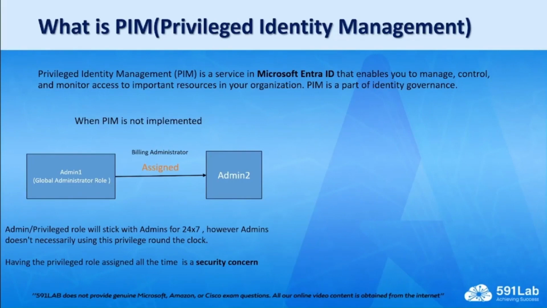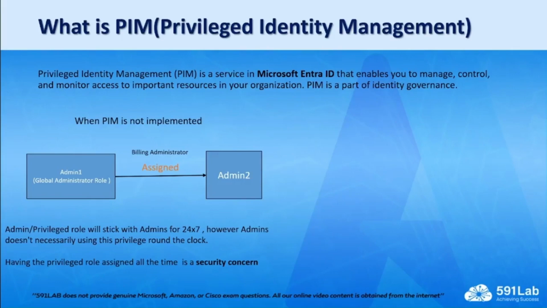We would like to assign an admin role to admin 2 so that he can perform some day-to-day admin work. For example, billing administrator role. To do this, all we need to do is ask admin 1 to assign the admin role, which is also a privileged role, to admin 2. It's plain and simple.